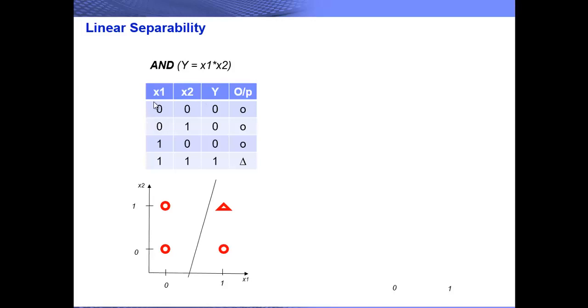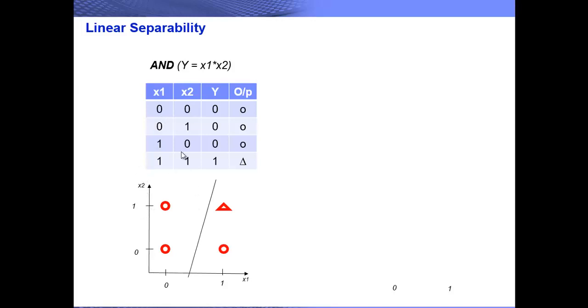Now let's plot x1, x2 with their output. This is the x1 axis, this is the 0 value and this is the 1 value on the x1 axis. This is the 0 value on the x2 axis, and this is the 1 value on the x2 axis.